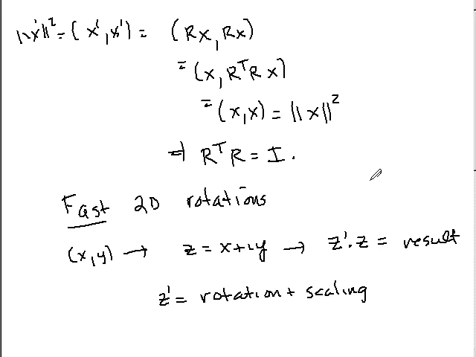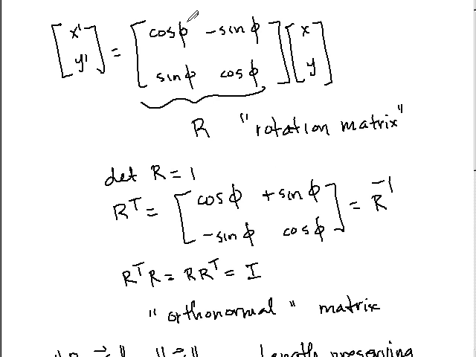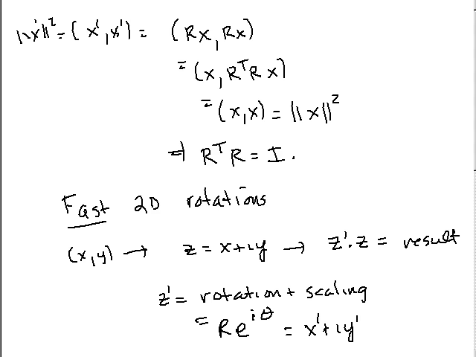So you don't have to actually calculate necessarily the thetas and the angles and stuff, as long as you have a z that corresponds to a given rotation and scaling, r e to the i theta. So that's x prime plus iy prime. And then you can do it by means of a rotation matrix, or you can do it by means of just complex arithmetic.